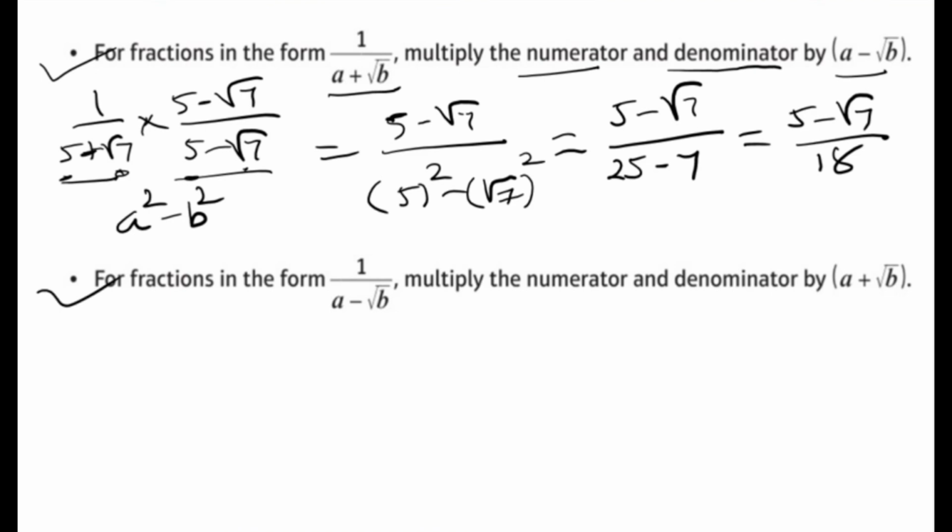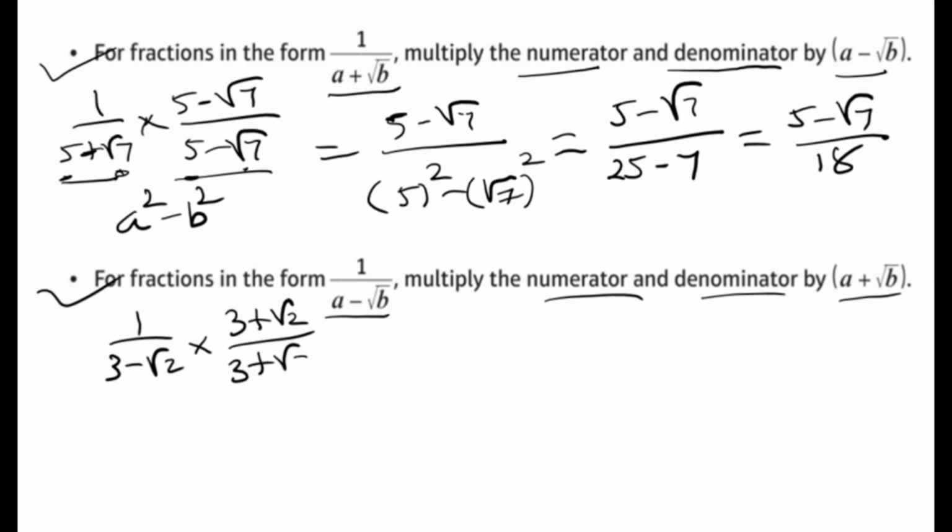Second, if I have a denominator a minus root b, then I have to multiply numerator and denominator by a plus root b. For example, if I have 1 over 3 minus root 2, I multiply by 3 plus root 2 on top and bottom. So 3 plus root 2 over, again, a difference of squares, which is easy.